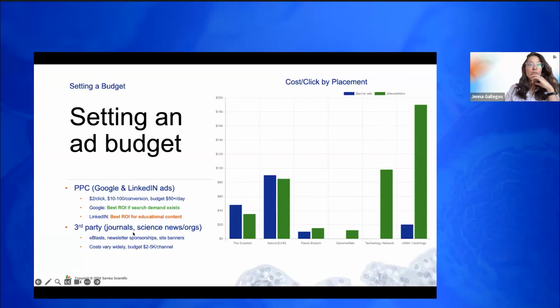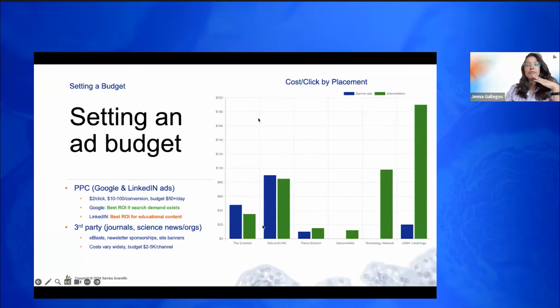The costs can really vary widely for these. And in our experience, we get the best performance when we do newsletter sponsorship, and again, when we're promoting educational content there. So webinars, white papers, case studies. Things like site-wide banners are really better for awareness. You're going to get those impressions, but you're not going to see the clicks or the conversions.